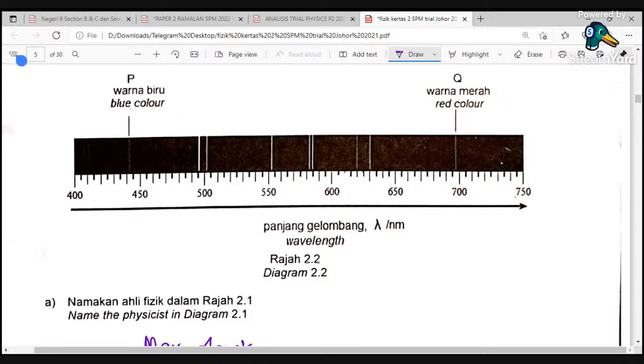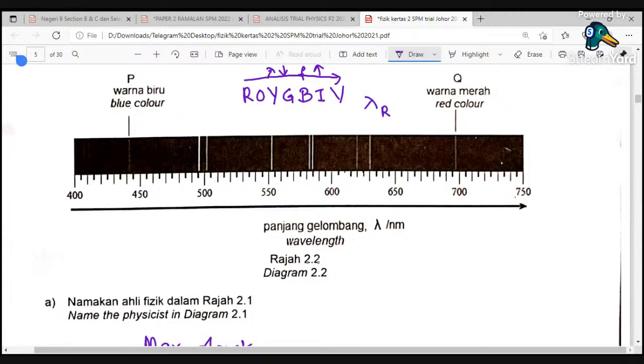The arrangement of the spectrum from red, orange, yellow, green to violet: wavelength lambda decreases, frequency increases.